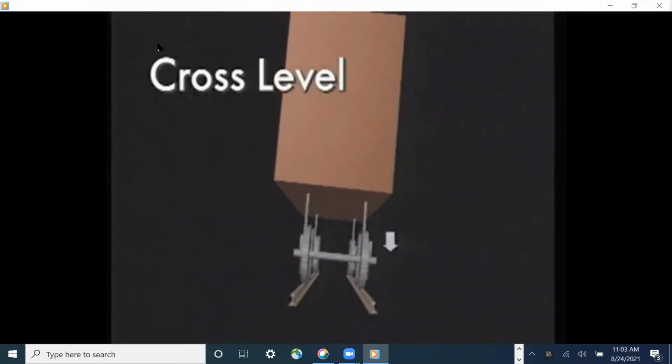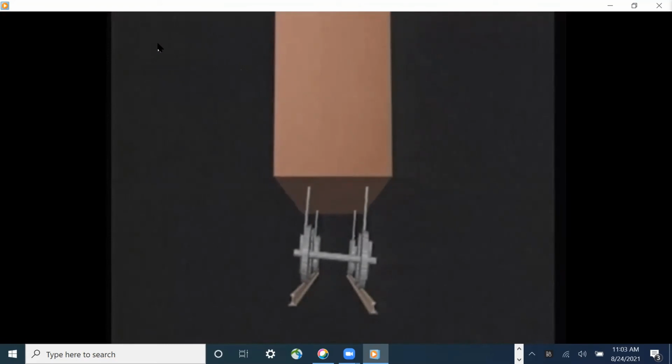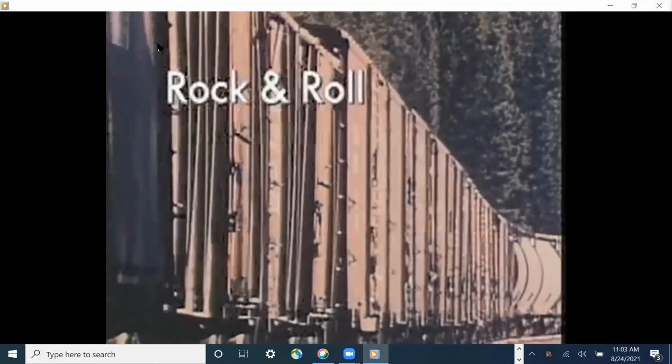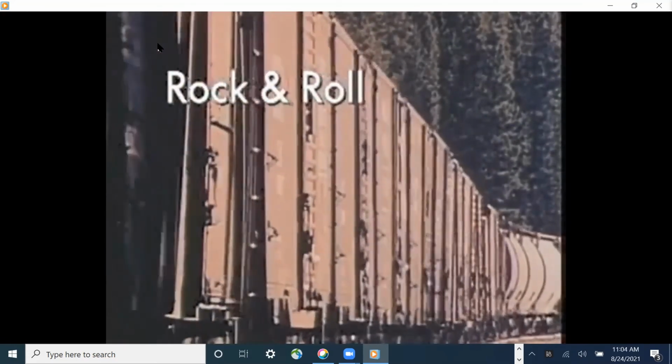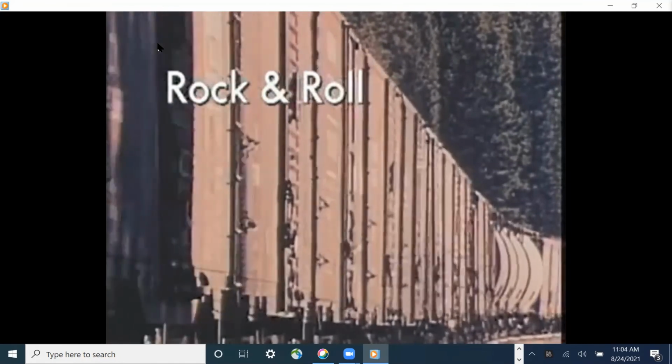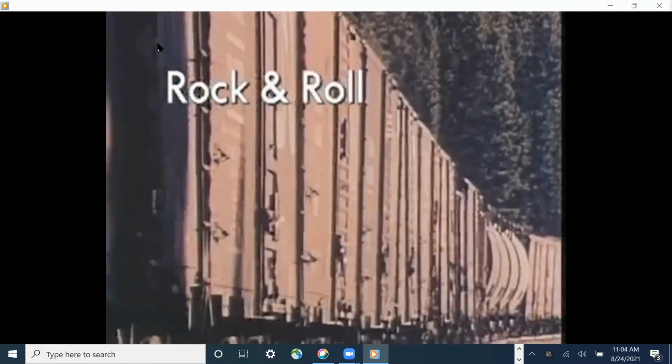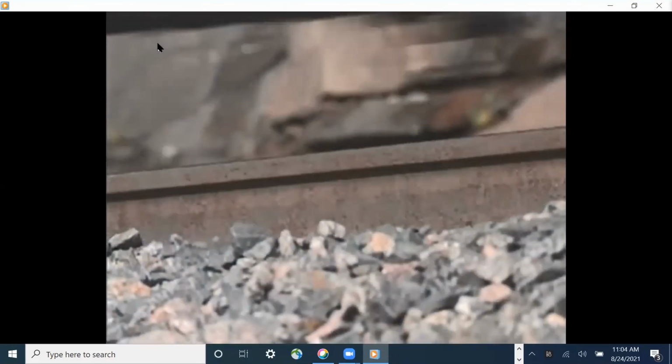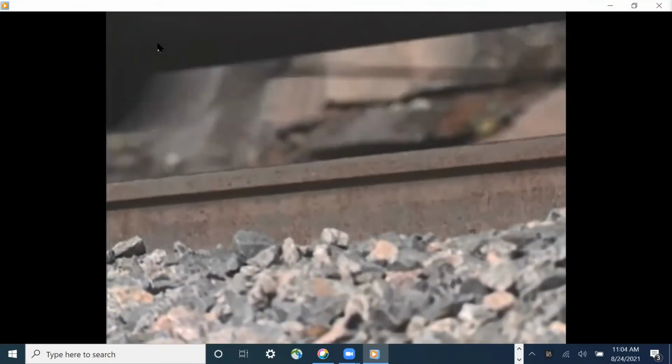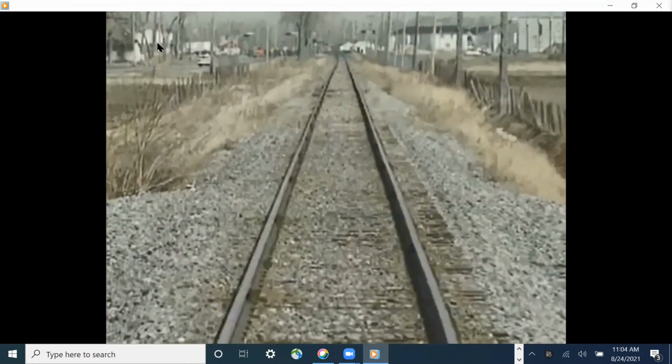Poor cross level can initiate roll. But the most dangerous form of roll is harmonic or resonant roll, known as rock and roll. Rock and roll occurs when a car with a high center of gravity, traveling on soft track at certain speeds, moves over a successive series of low spots or joints with spacing similar to the distance between the center of the trucks.